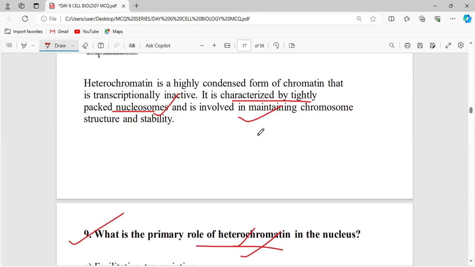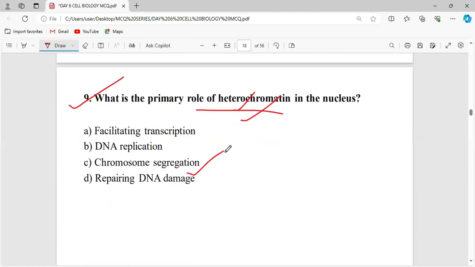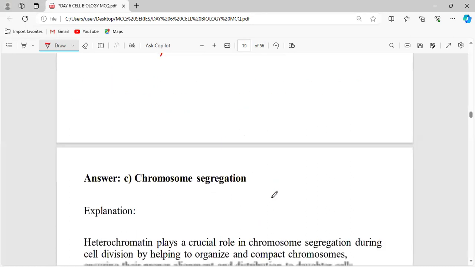Its primary function, as I said before, is to maintain the structure and stability, and it is also involved in chromosome segregation. It has no role in DNA replication, no role in transcription, and no role in repairing DNA damage.